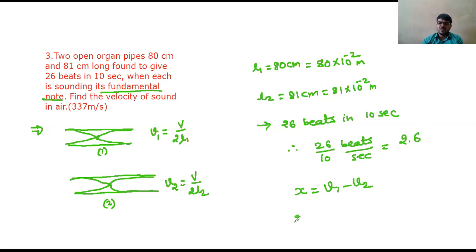So x is how much here? 2.6 is equal to nu1 is what? V by 2L1 minus V by 2L2. Substitute all the values. You can take common also. V by 2 you can take common. 1 by L1 minus 1 by L2.